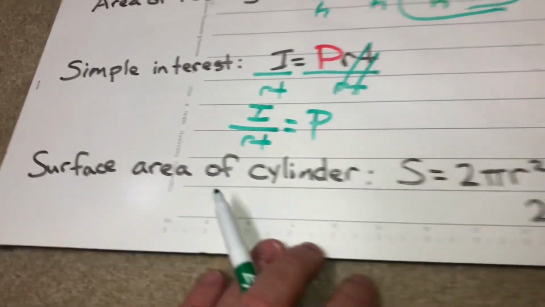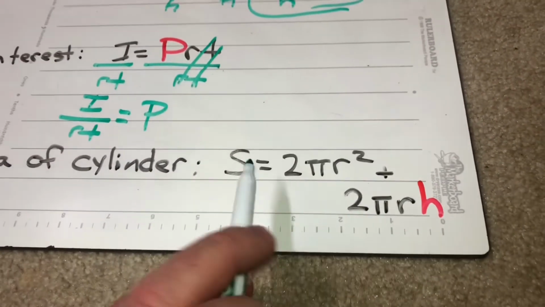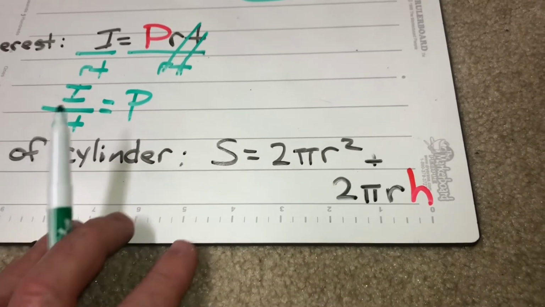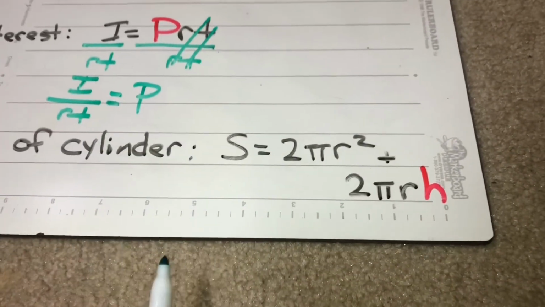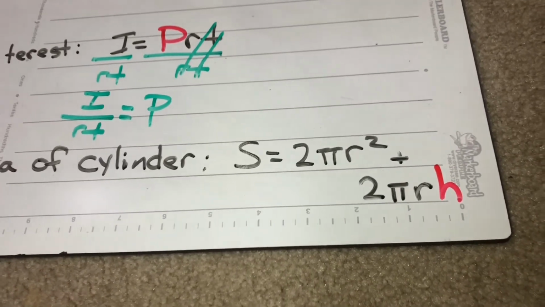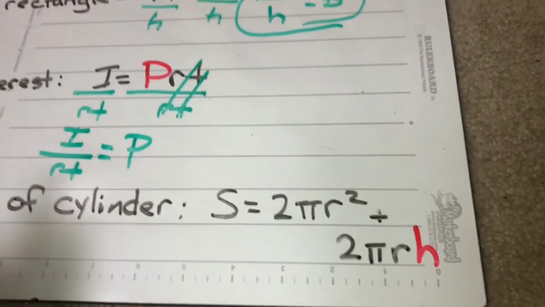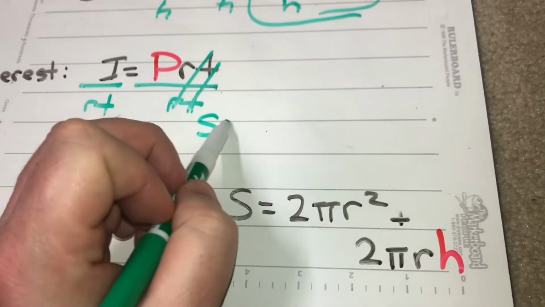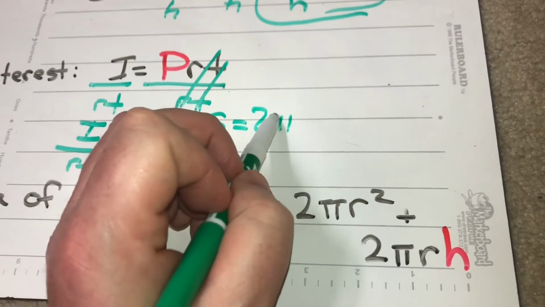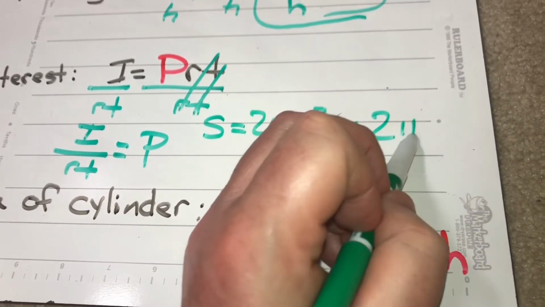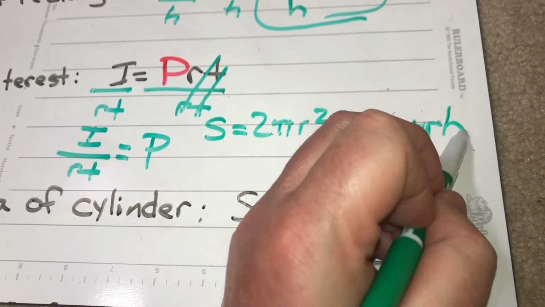Last one, surface area of a cylinder. The surface area of a cylinder equals 2 pi r squared plus 2 pi r h. Well, there's a variety of different things that we could do here. So I'm going to, first of all, rewrite this up here. I'm going to go S equals 2 pi r squared plus 2 pi r h.